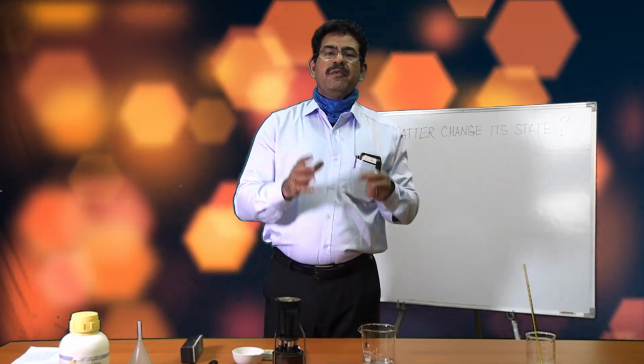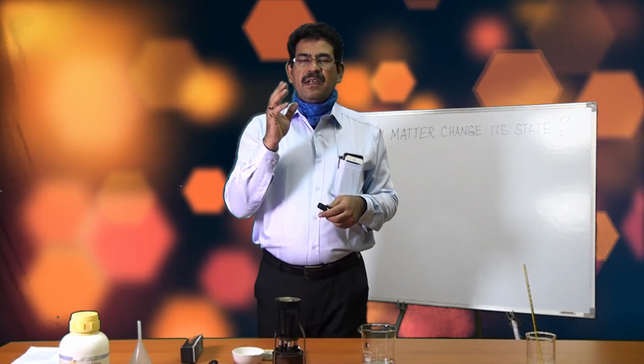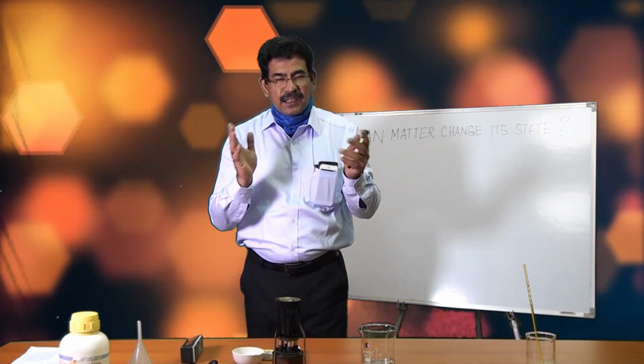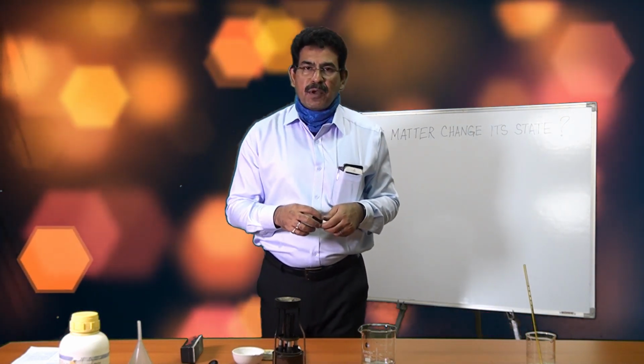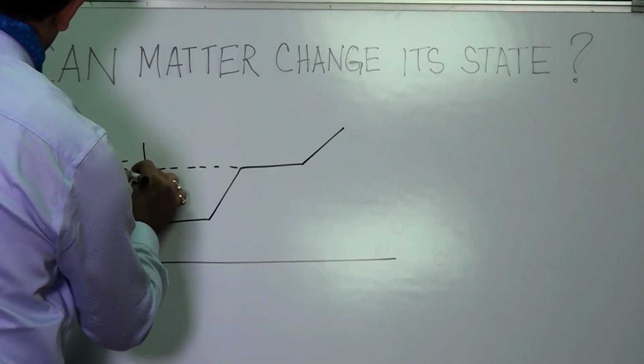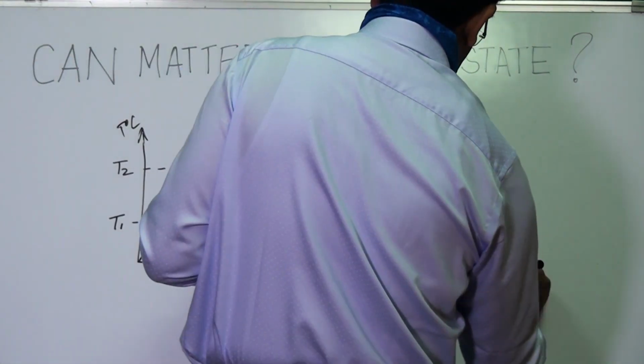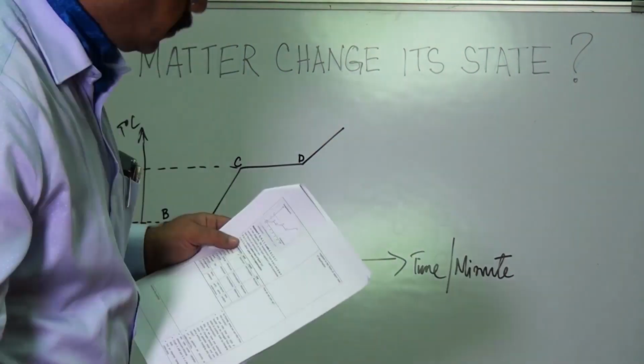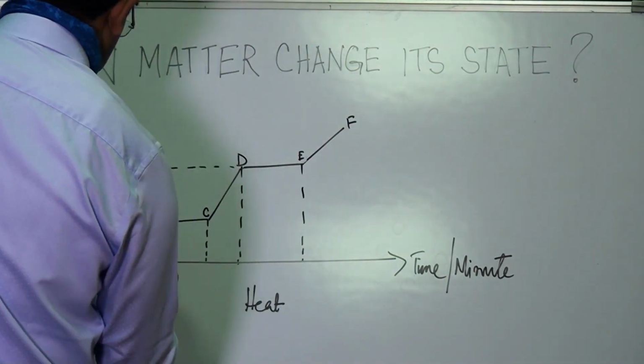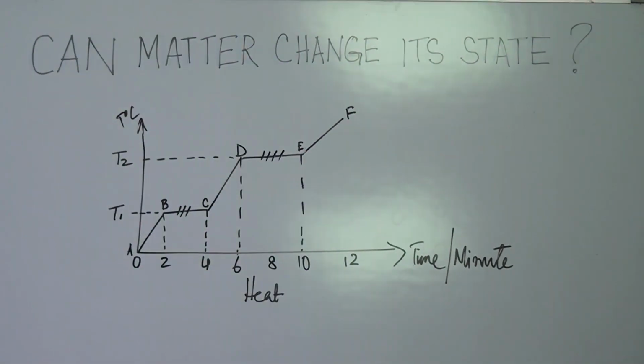Now, we will try to understand the relationship between latent heat of fusion and latent heat of vaporization with the help of a diagram. Let us see. So, dear students, we will try to understand the relationship between the latent heat of fusion and latent heat of vaporization with this particular diagram.